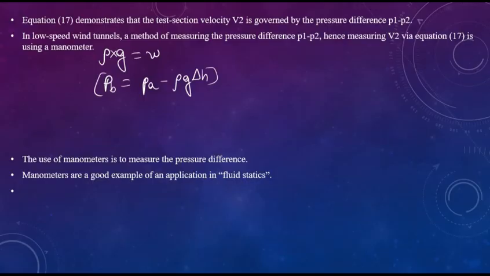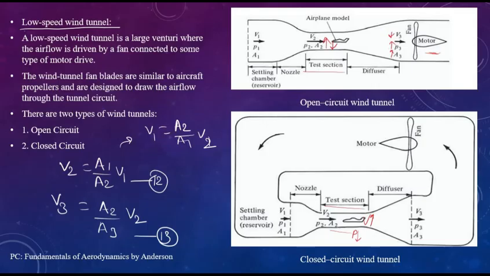Now, if the side of the manometer associated with PA, where the ambient pressure is taken, is connected to a pressure tap in the settling chamber of the wind tunnel, then we get the pressure as P1.